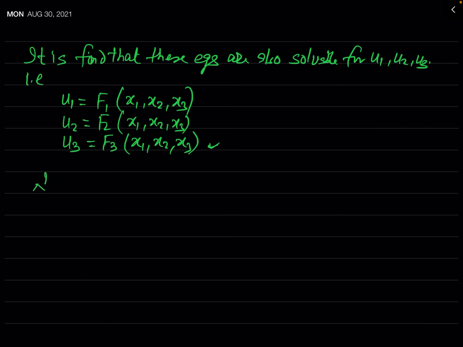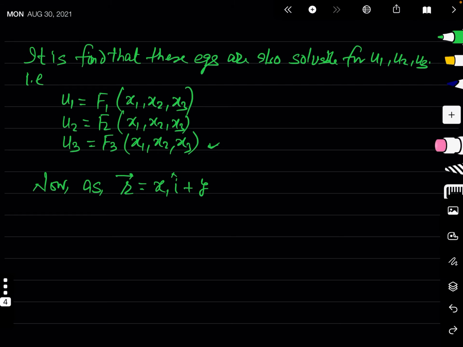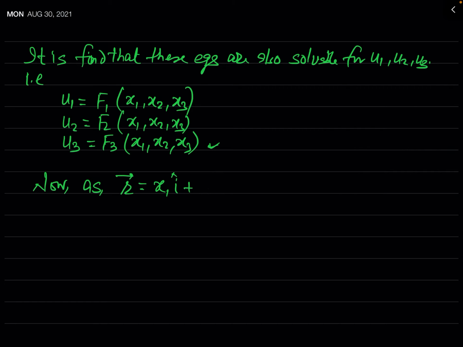So now the position vector r of the point P may be expressed as x1 i hat plus x2 j hat plus x3 k hat.